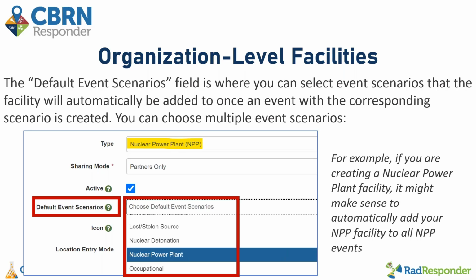So for example, if I am creating a new facility and it is a nuclear power plant, which you can see highlighted here, it may make sense for me to say that anytime I have a nuclear power plant response and I create a nuclear power plant scenario event, this facility is automatically added. So that's what the default event scenarios option is for. That way at the start of an event, you don't have to worry about adding your facilities. It's just automatically added at the start.